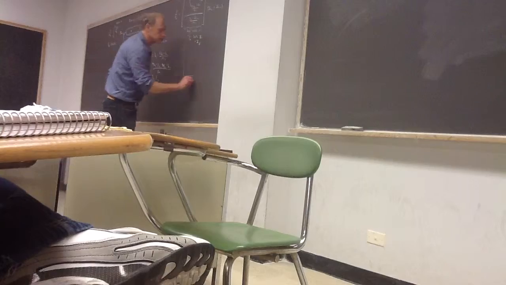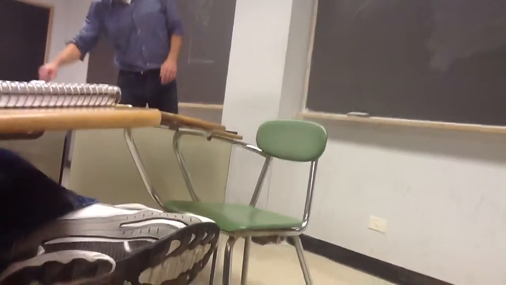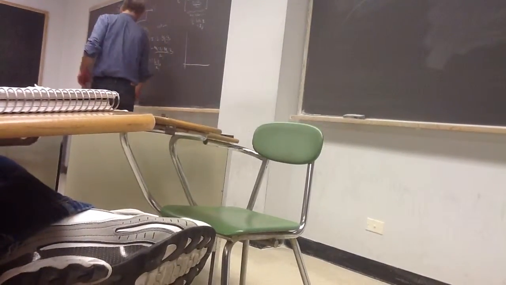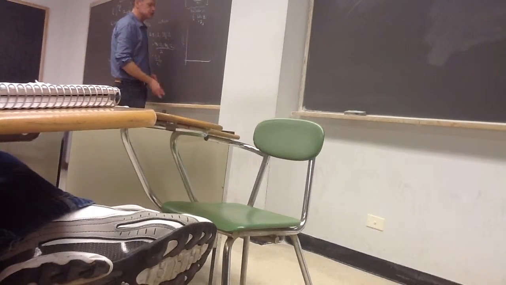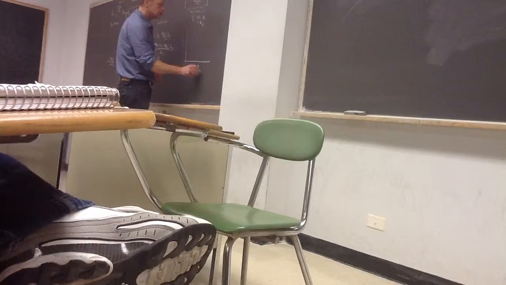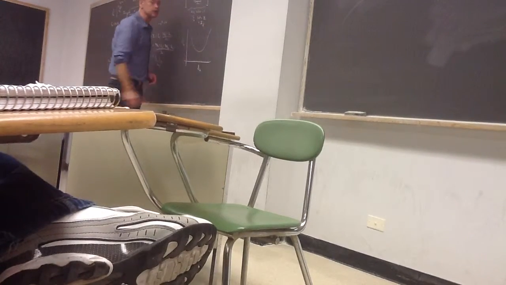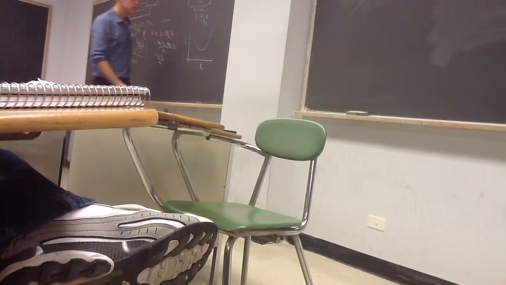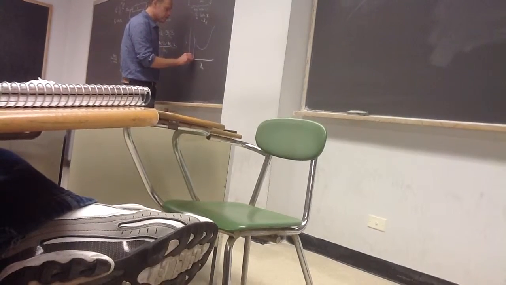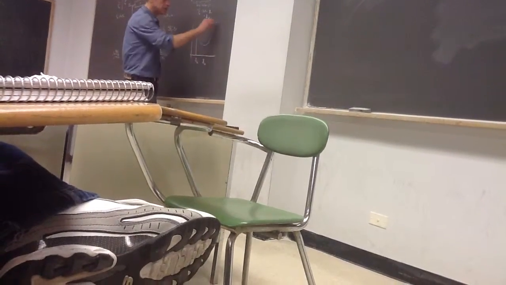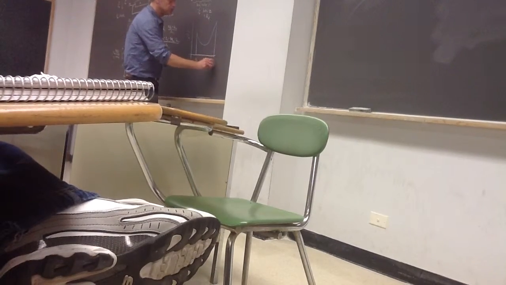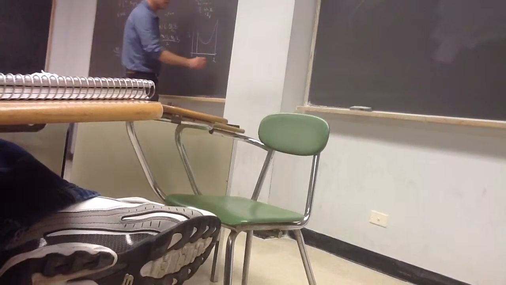Let's draw a picture. Minus 1 over RA versus XA. Presumably we have some more interesting looking curve that looks like this. Say x1, xn, x2, which is xf.